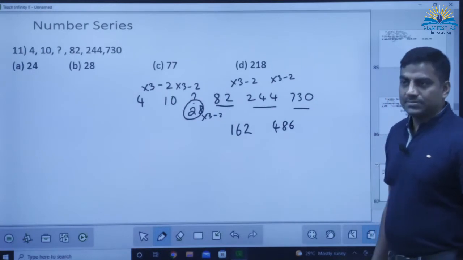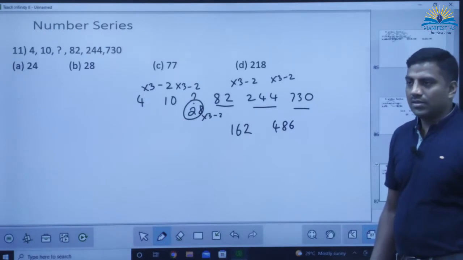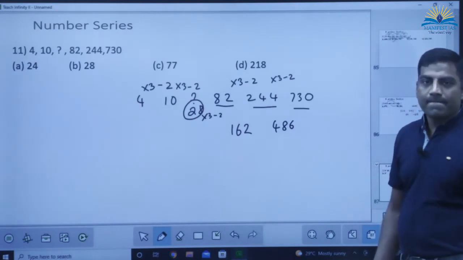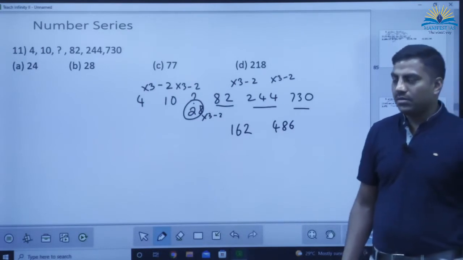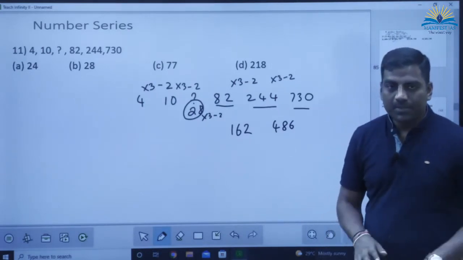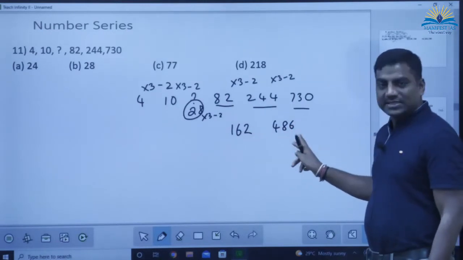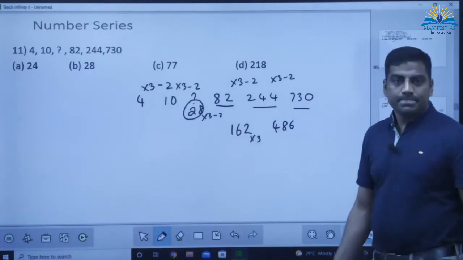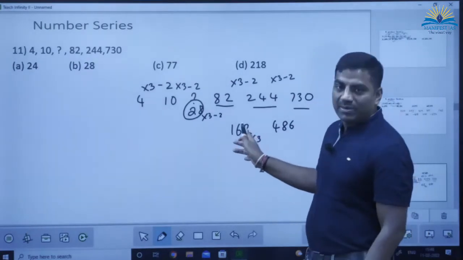Here, there is one pattern. What is that? Between these two numbers, there is one pattern. Look at the numbers. 16 here, 48 here. 2 here, 6 here. So this is 3 times of this. So if I want to go back, I have to divide it by 3.